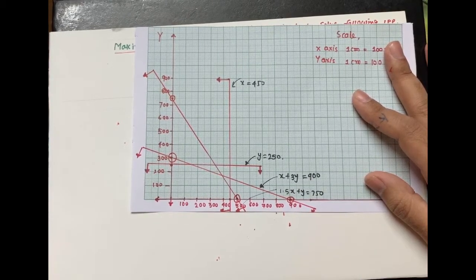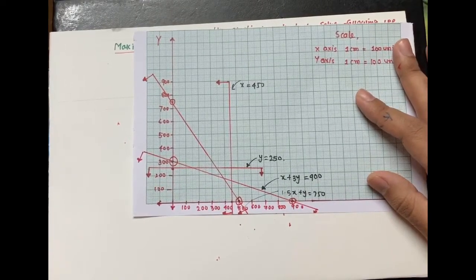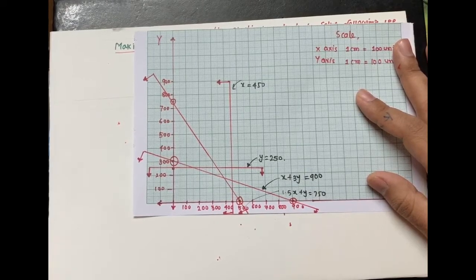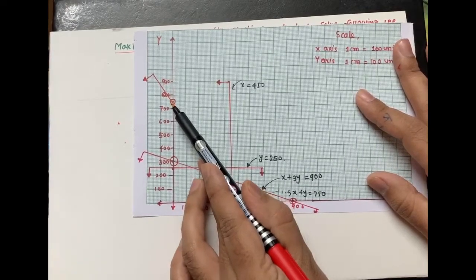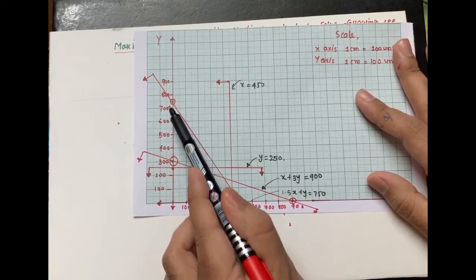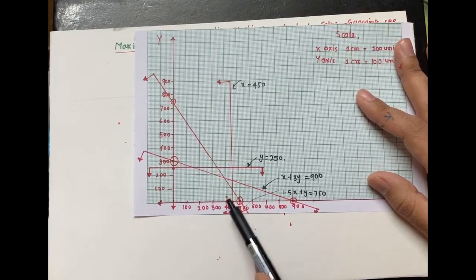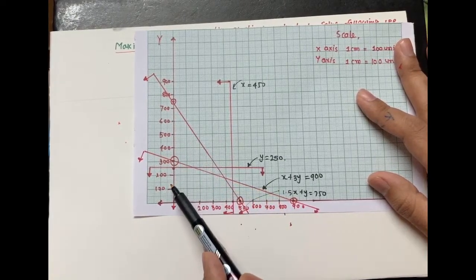Those quadrants are not part of the graphical solution, because in the non-negative condition itself we have stated that the values of x and y are always greater than or equal to 0. So the region below this line in the first quadrant is this triangle. This is the feasible region that satisfies your constraint equation 1.